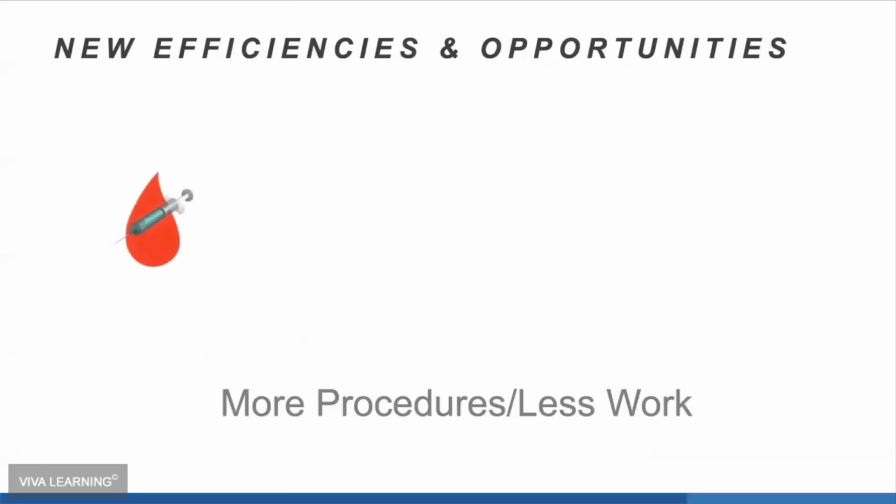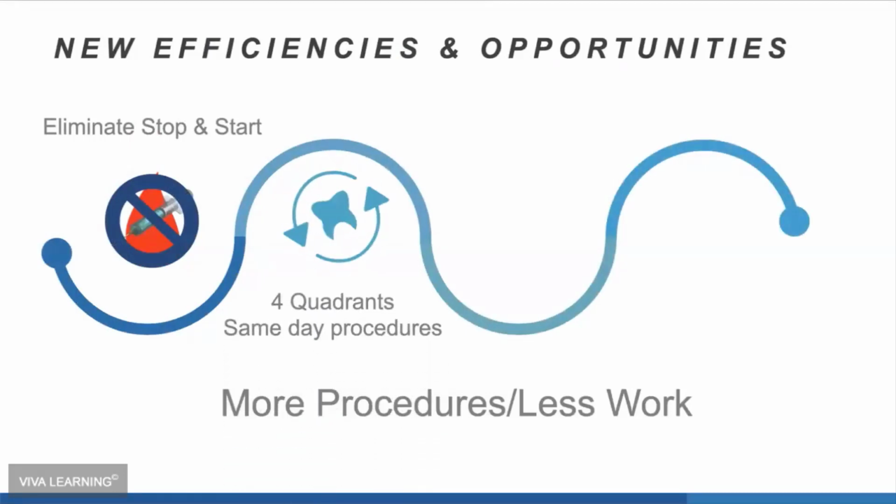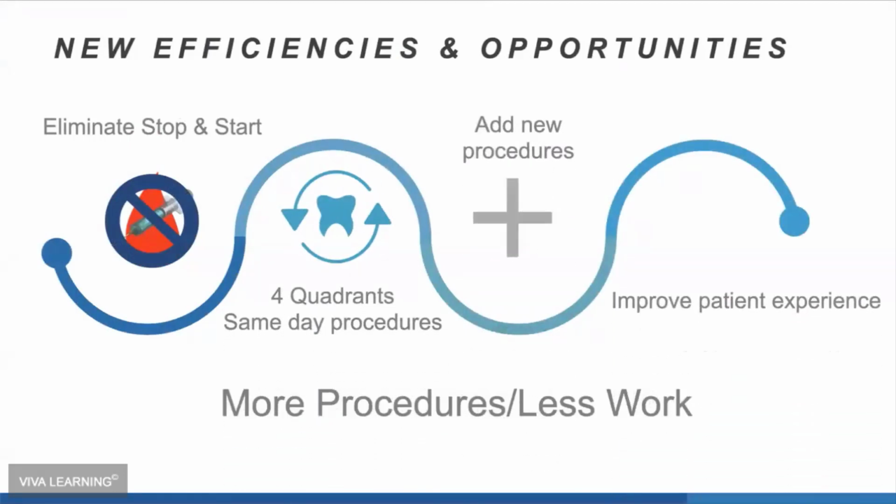So we talked about being more efficient because we take the stopping and starting out of dentistry. And traditionally, blood and needles are what make us start and stop the most. We didn't necessarily talk about 4 quadrants of same-day procedures, but you could probably imagine that there's certain limitations to numbing the whole mouth.